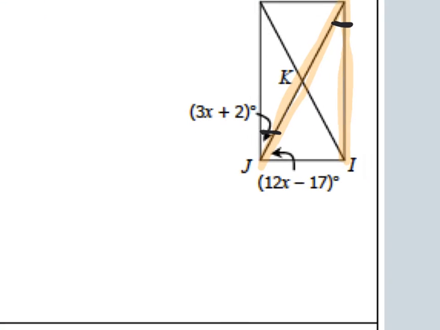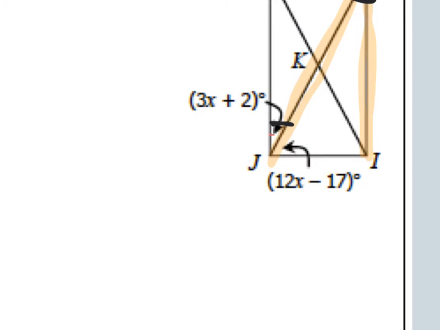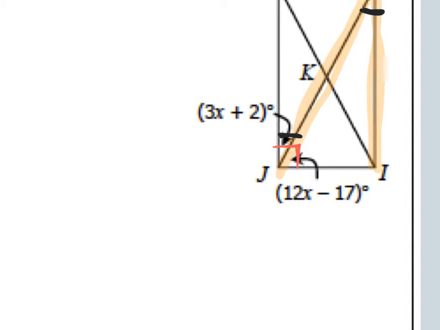But looking at these angles here, I know that they have to add together to equal 90 degrees. So I'm going to add them together to equal 90 degrees. Okay, so because I know these two angles add up to 90, I can actually add them together.